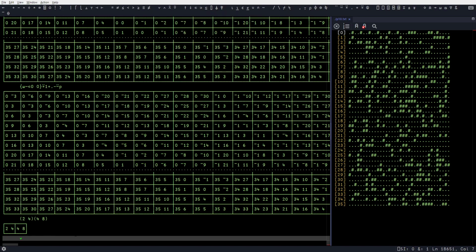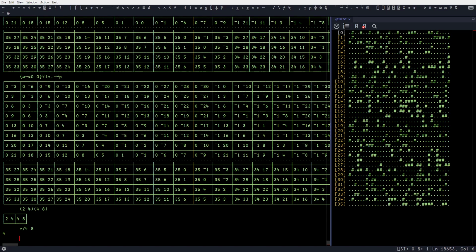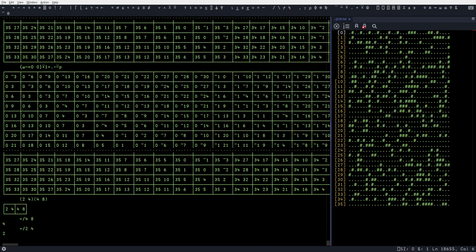So if we look at the greatest common divisor between 4 and 8, it's going to be 4, right? That makes sense. 4 goes evenly into 4, resulting in 1, and goes into 8 twice, resulting in 2. The greatest common divisor between 2 and 4 is 2, which also makes sense.